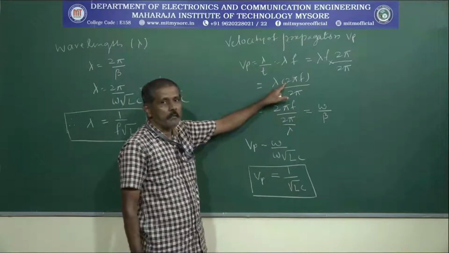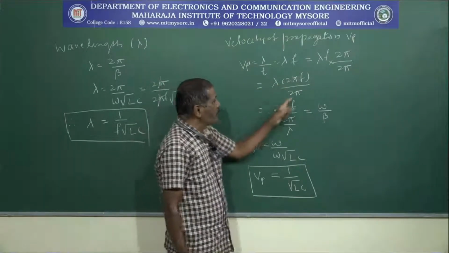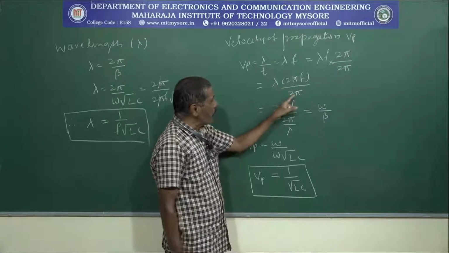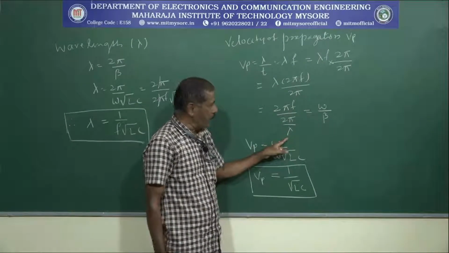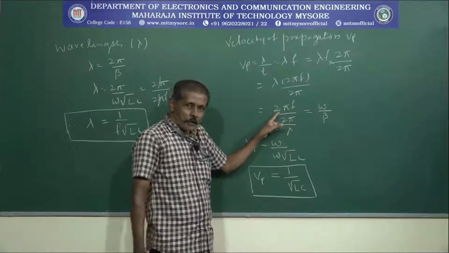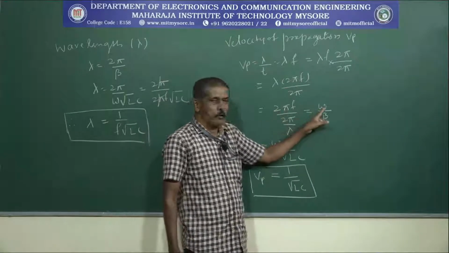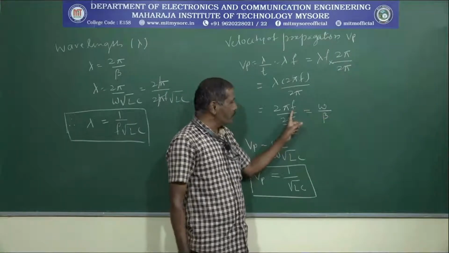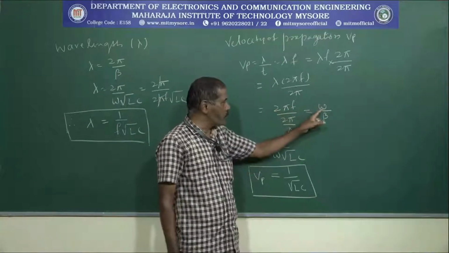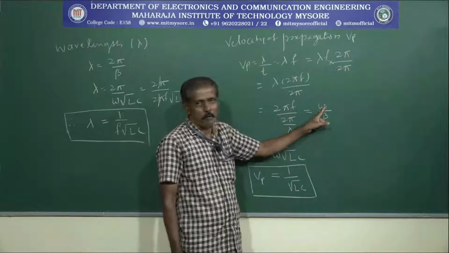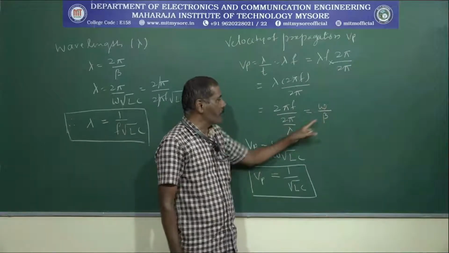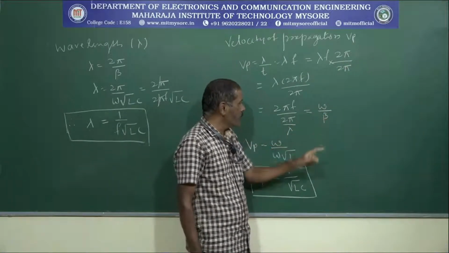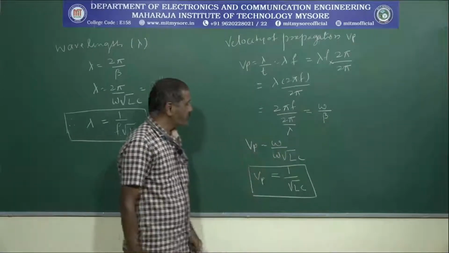When you divide this equation by lambda, this lambda will go and you are getting 2 pi by lambda here. Now we know that 2 pi f is equal to omega and 2 pi by lambda is equal to beta. So substitute 2 pi f by omega, and 2 pi by lambda is equal to beta, so substitute as omega by beta.